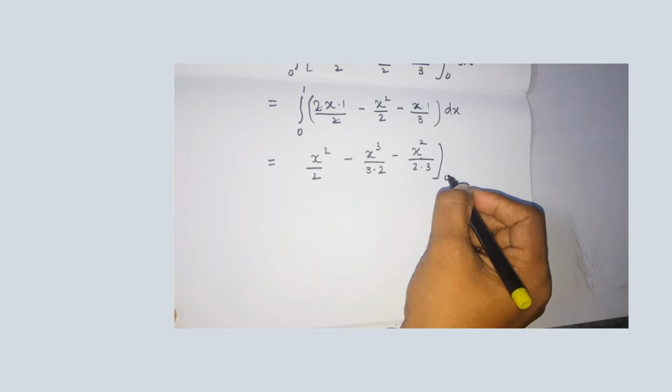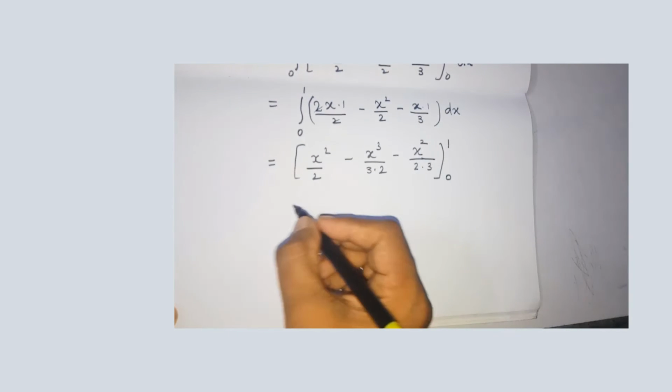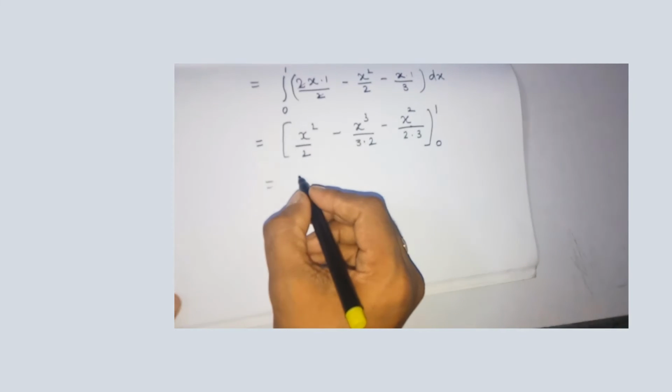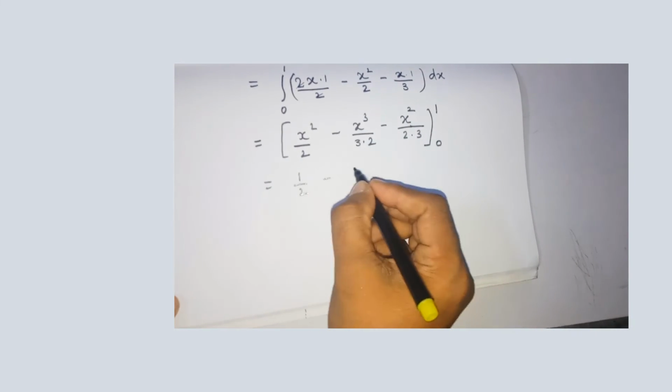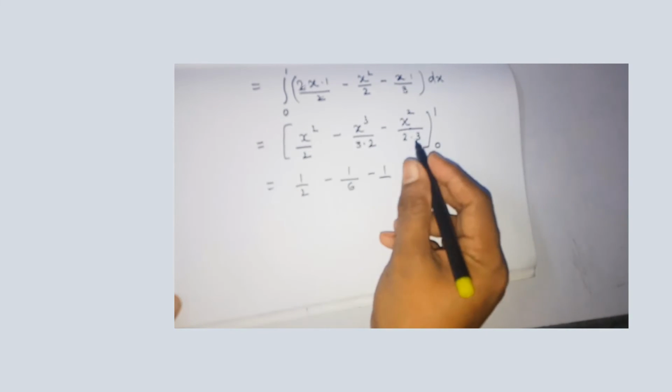Upper limit is 1, lower limit is 0. Now again I'll substitute the upper and lower limit. I'll be getting 1 by 2 minus 1 by 6 minus 1 by 6.